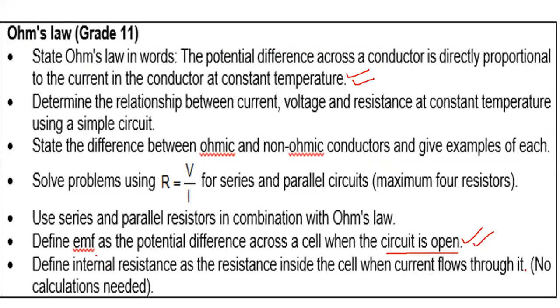Remember, EMF, we define it as the potential difference across a cell when the circuit is open, and that gives you 2 marks. And when we talk about internal resistance, it is the resistance inside the cell when current flows through it. And that is also going to be 2 marks altogether, right?